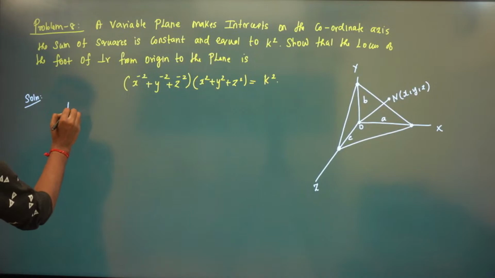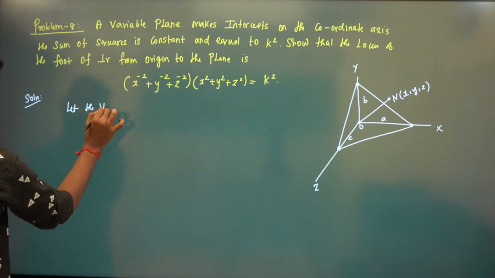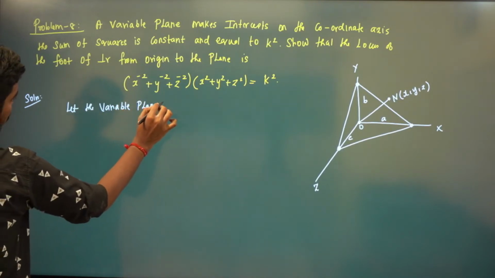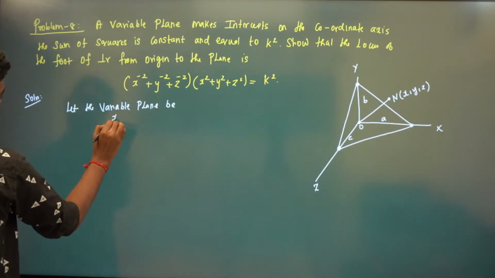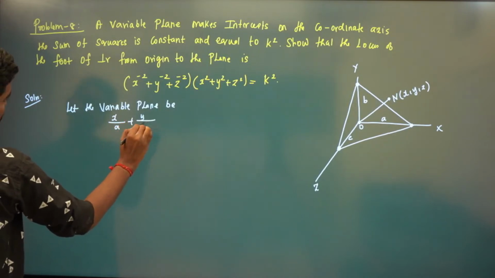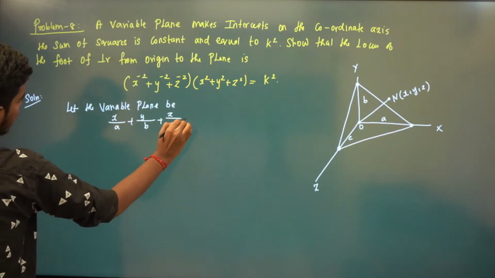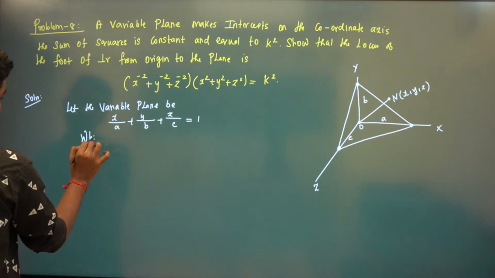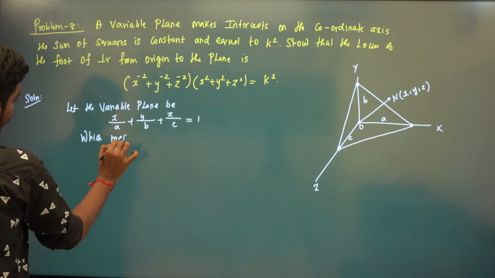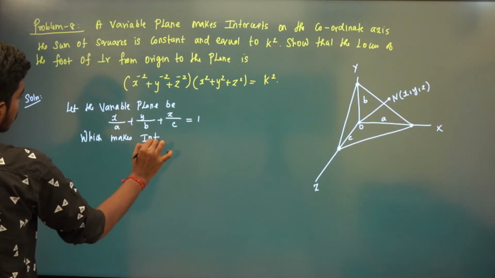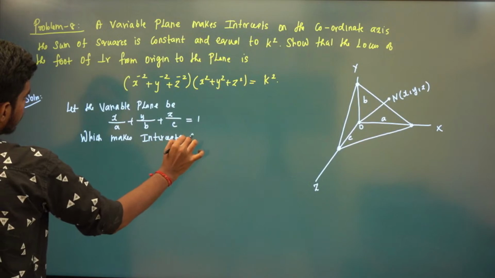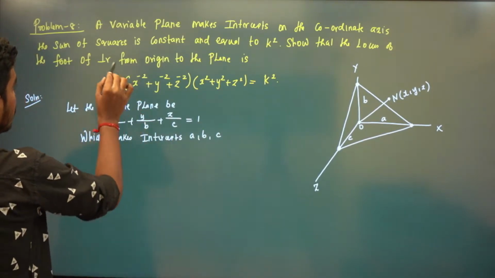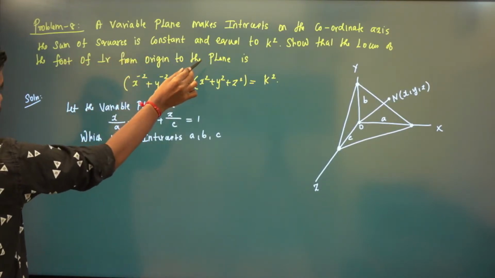Let the variable plane be x by a plus y by b plus z by c is equal to 1, which makes intercepts a comma b comma c, right? Now it is given that the sum of squares of intercepts is constant and equal to k square.